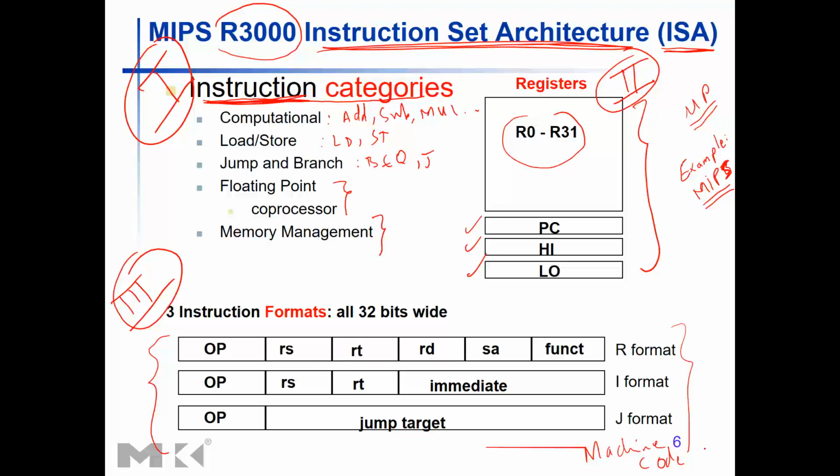So these three things, the instructions, the registers, and the formats, are the main parts of the instruction set architecture. Whenever I describe an instruction set architecture, I have to tell you these three things. In this chapter, we will cover mainly these three topics.